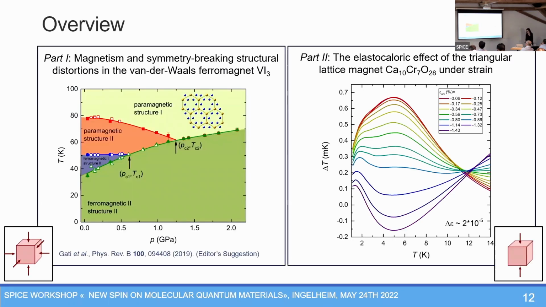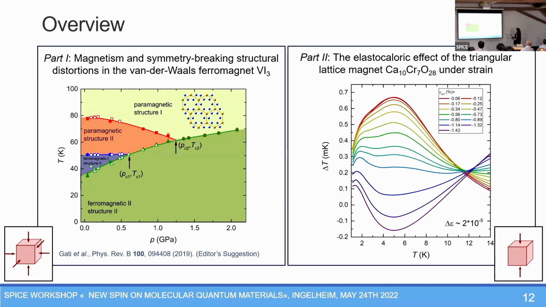Okay, so the main part of my talk actually will be in 2 parts, both related to inorganic materials, but related to pressure tuning of materials close to Mott transitions. So in the first part, I want to discuss an example case of the van der Waals ferromagnet vanadium triiodide, where we used specific heat under hydrostatic pressure to map the phase diagram and figure out how magnetism is related to symmetry breaking structural distortions.